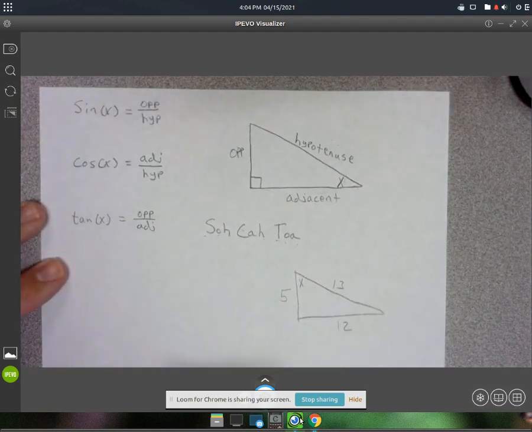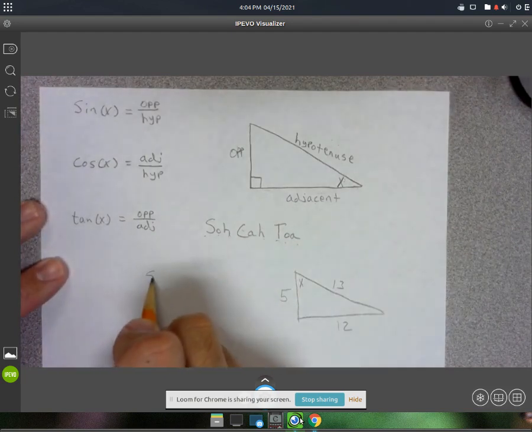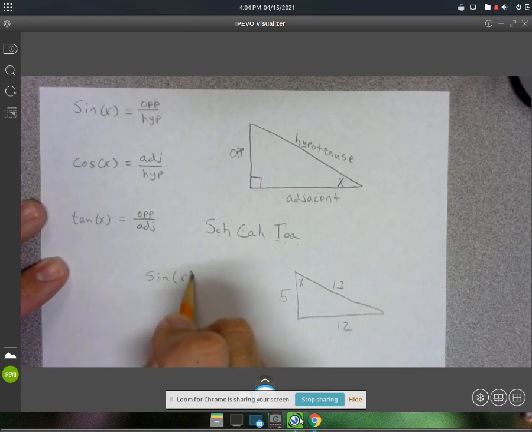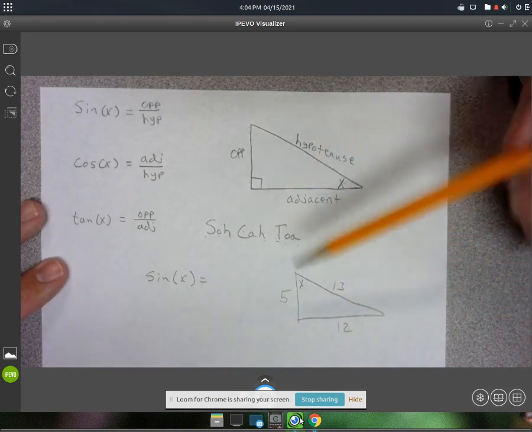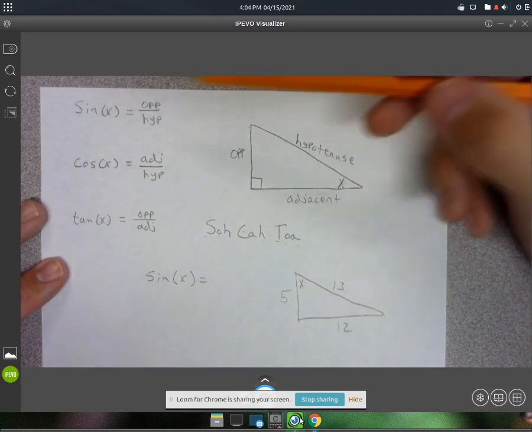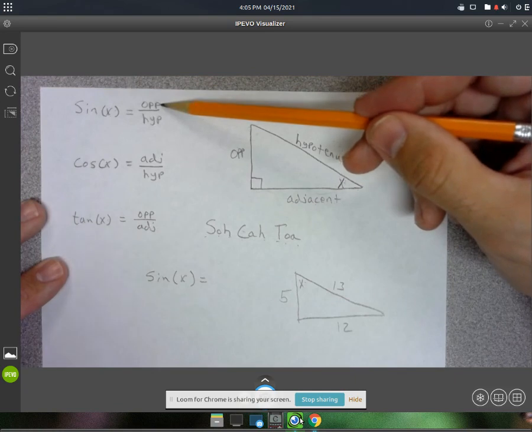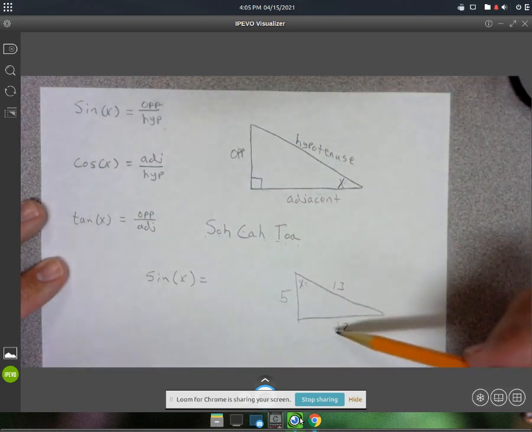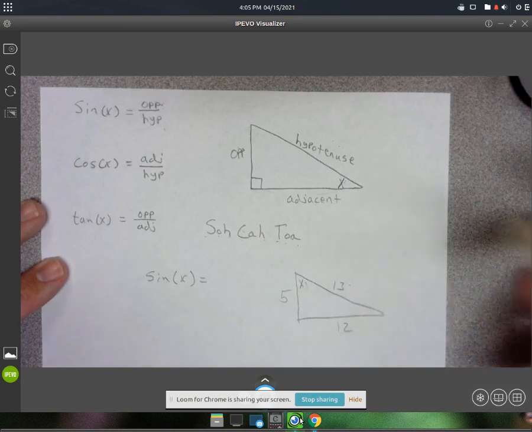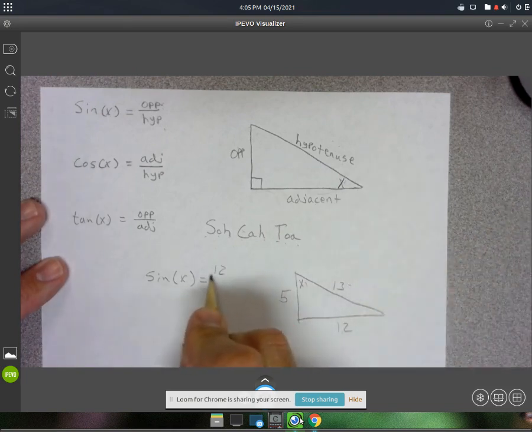The question might say, can you tell me what the sine of x is? From x's perspective, you just have to state the opposite side over the hypotenuse. Opposite would be 12 and the hypotenuse would be 13. So sine of x would simply be 12 over 13.